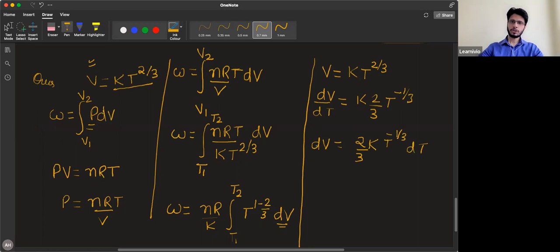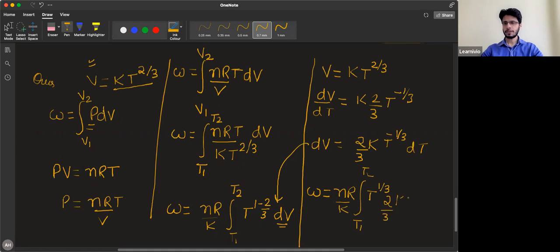Now you can just substitute it here. So your work done will be nR by k, integral from T1 to T2, 1 minus 2 by 3 means T to the power 1 by 3, times 2 by 3 k T to the power minus 1 by 3 dT.